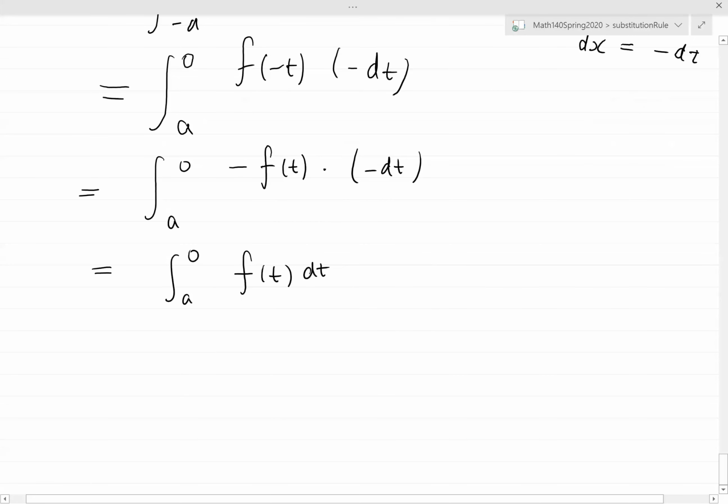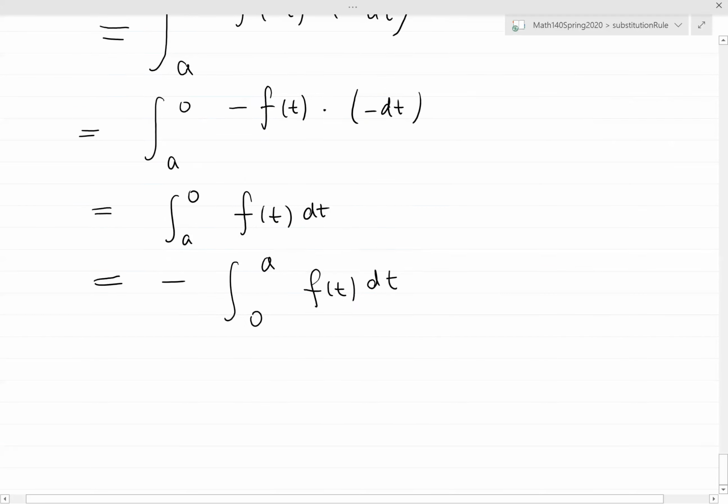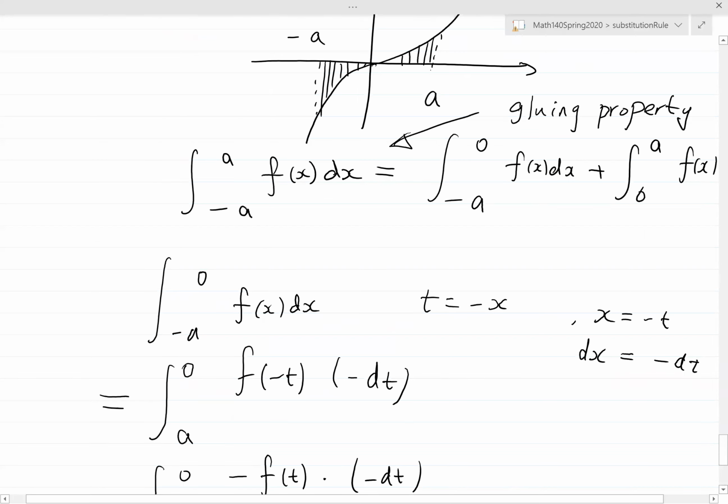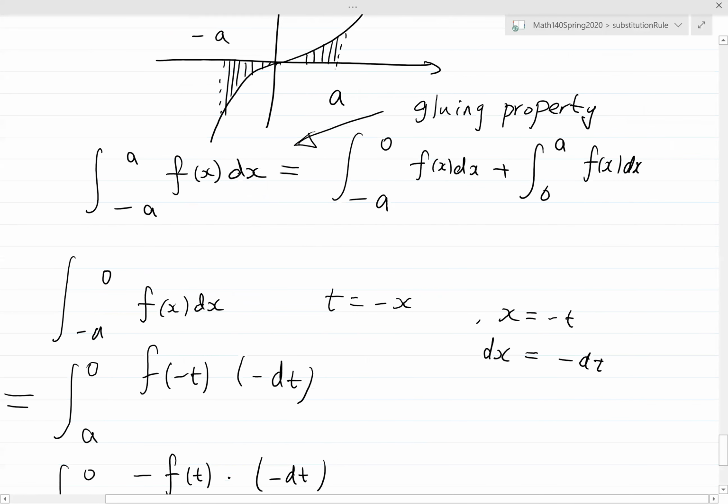Now if we switch the upper limit with the lower limit, then we get a negative one. So it's 0 to a of f(t) dt. Now, using the original variable, this will be negative the integral from 0 to a of f(x) dx, plus the integral from 0 to a of f(x) dx.